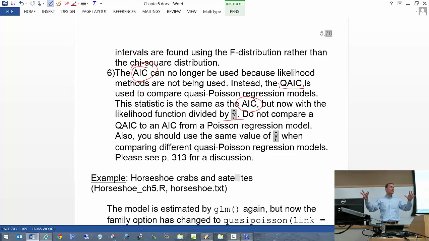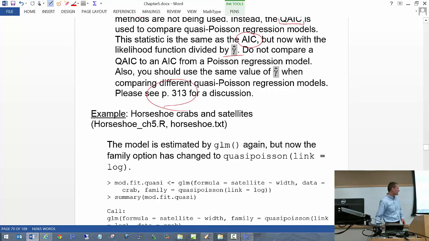Get your gamma hat from that, and then estimate all the models of interest that you may have using the Quasi-Poisson procedure. Then for every AIC that you get from those models, divide it by that one gamma hat that you got from the large model. That way you can make a fairer comparison. Page 313 of my book discusses that in more detail.